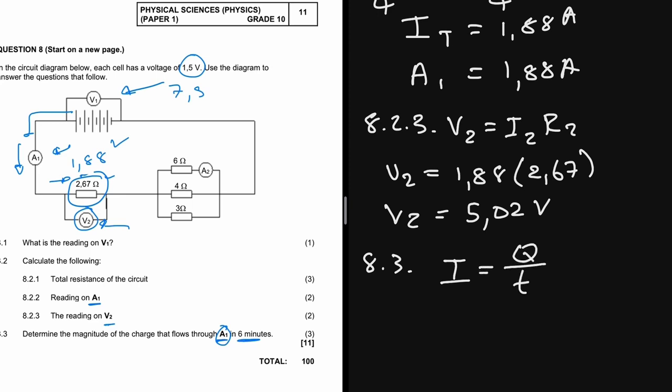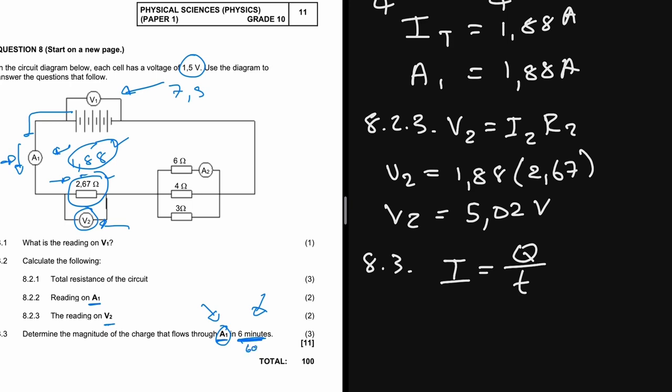So this is the equation for current. Current is charge over time. So now we know the current in A1 is 1.88, and then they gave us the time, which is 6 minutes. But now 6 minutes, we must make it to be in seconds. So that means we must multiply it by 60, and that will give us seconds.